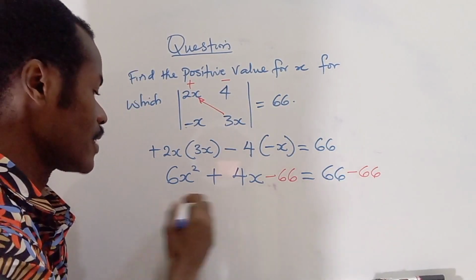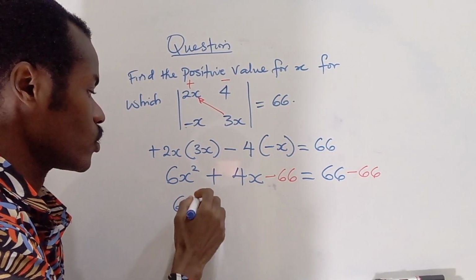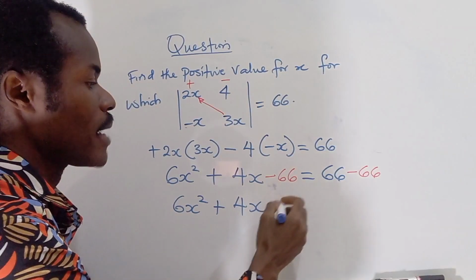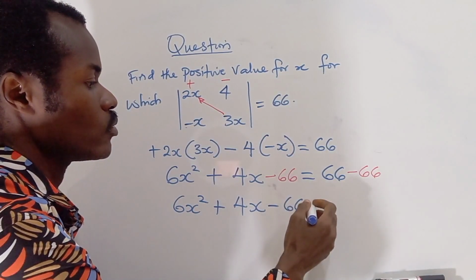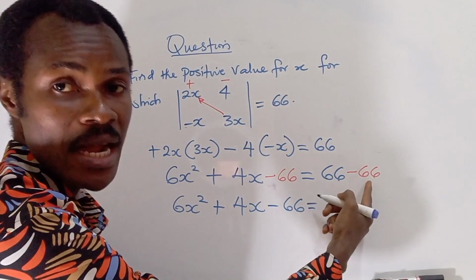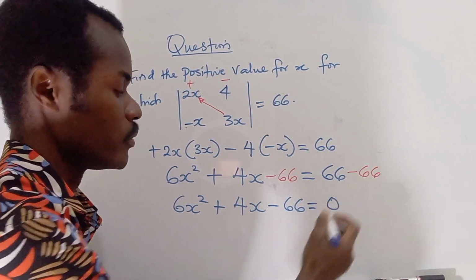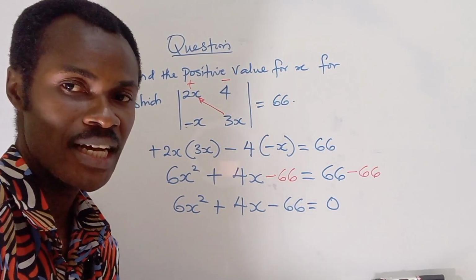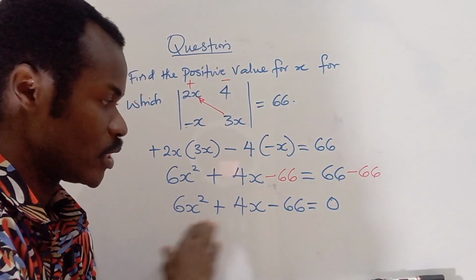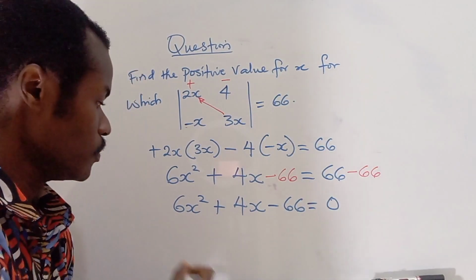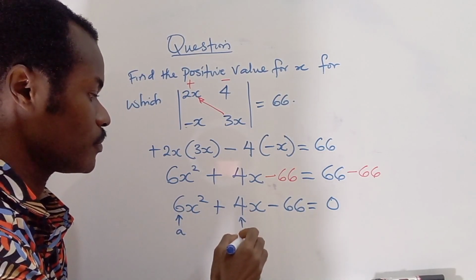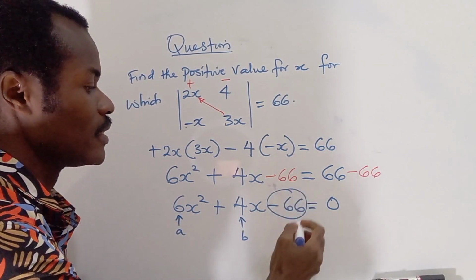So we have 6x squared plus 4x minus 66, which is equal to 66 minus 66, which becomes 0. Now, the next thing we want to do is bring out our ABC since we have a quadratic equation. So this is our A, this is our B, and this is our C.